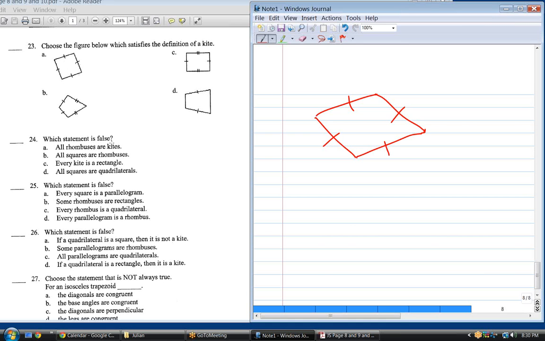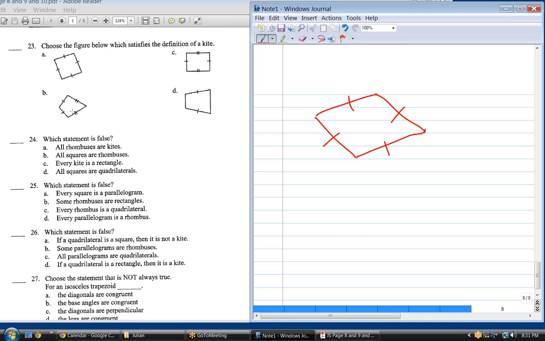Well, rhombuses are kites. So that statement is true, and it also makes their answer to problem 23, there's two different answers. Let's see, are all squares rhombuses? Yes. Every kite is a rectangle. Is that a rectangle?